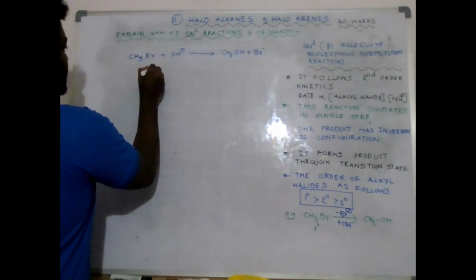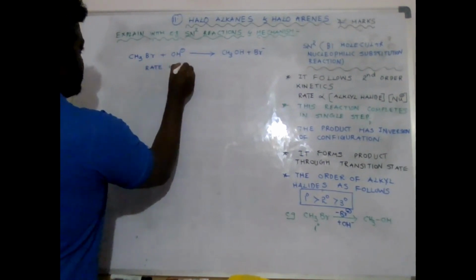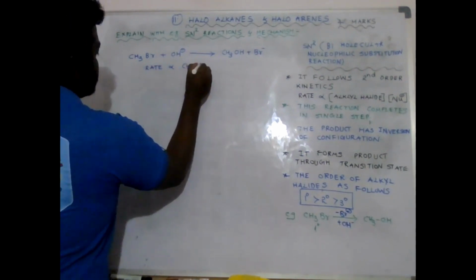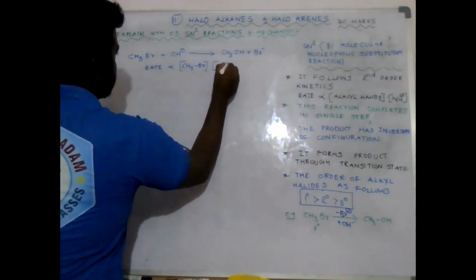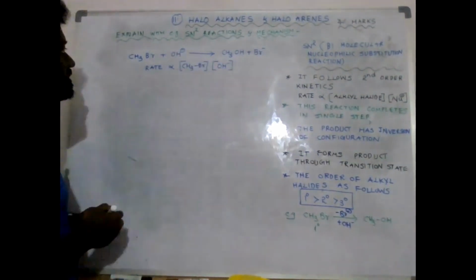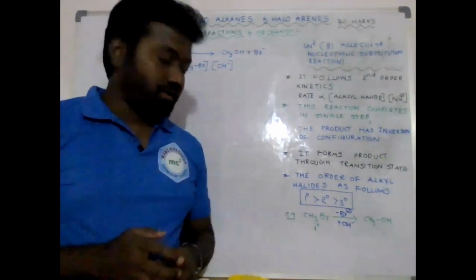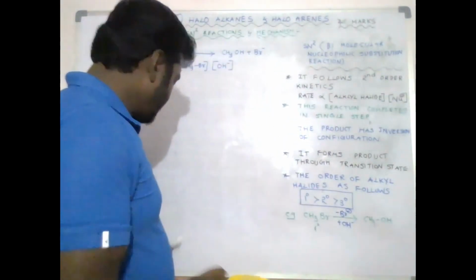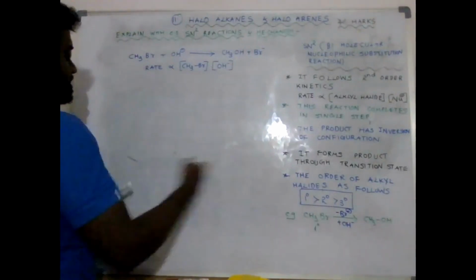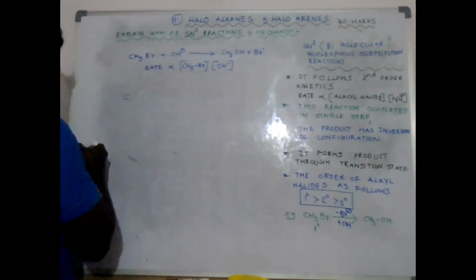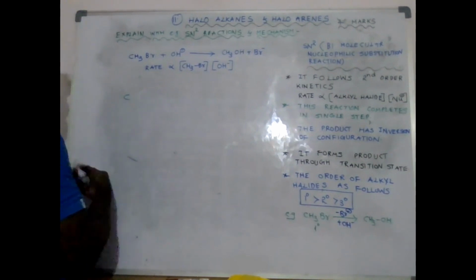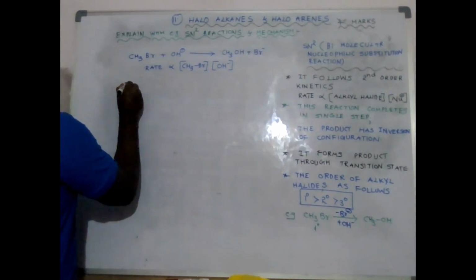So you can say that rate is directly proportional to the concentration of CH3Br as well as the concentration of OH minus. Correct? Now we'll discuss the mechanism. So here we have taken CH3Br, CH3. Here hydrogen with the thick line I am taking here, CH3.